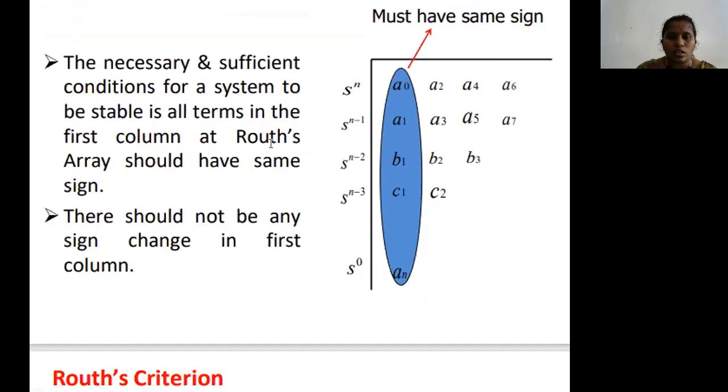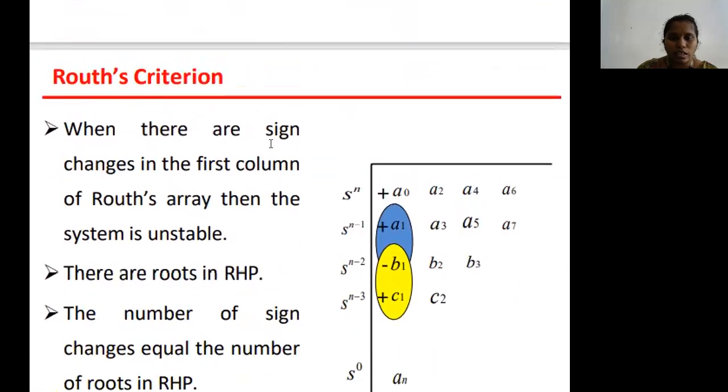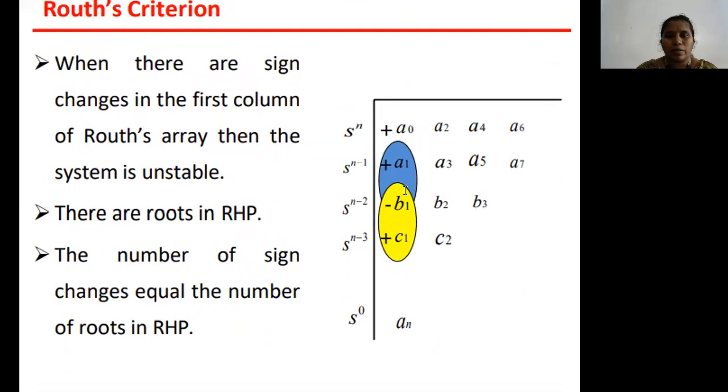And coming to the Routh criterion, if there exist values like this, where the initial value A0 is positive, A1 is positive, B1 is negative and C1 is positive, that means there exists a sign change, right? So when there are any sign changes in the first column of Routh's array, the system is said to be unstable.